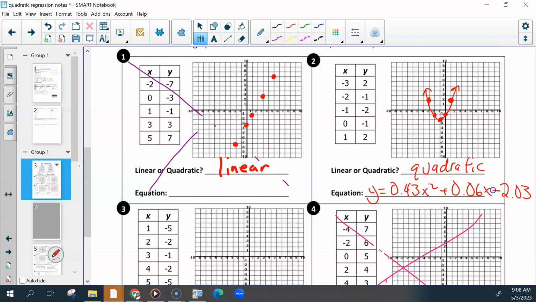Whether using Desmos or using the calculator, did we all get the same thing? No.